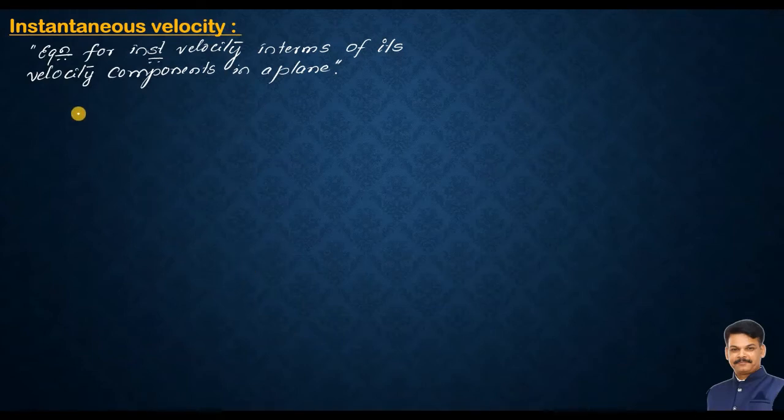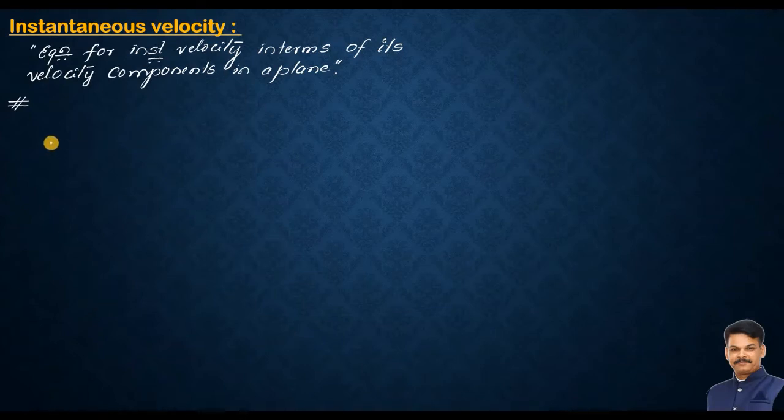But dear students, you must know what instantaneous velocity actually is according to the derivative of a function, because here the velocity of an object will be changing with respect to another variable, that is time. Velocity is one variable, time is another variable, so the velocity variable is changing with respect to time. Therefore, to find the instantaneous velocity, we have to consider the derivative of that function.